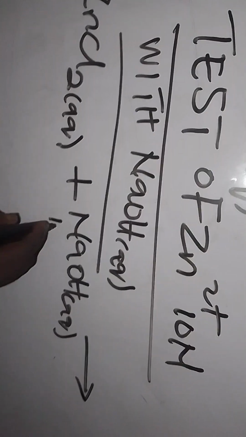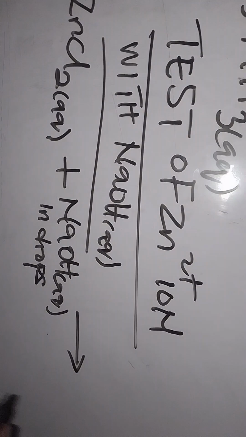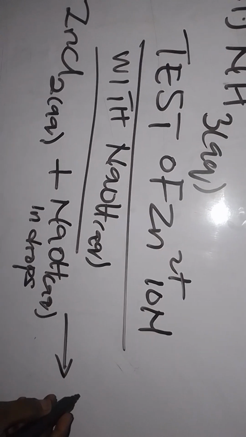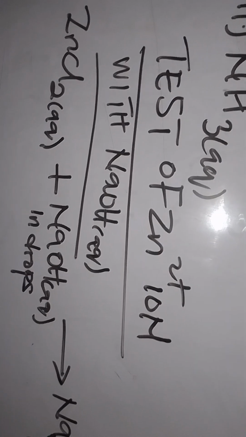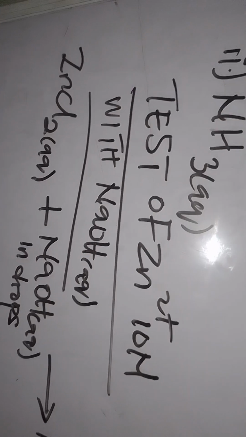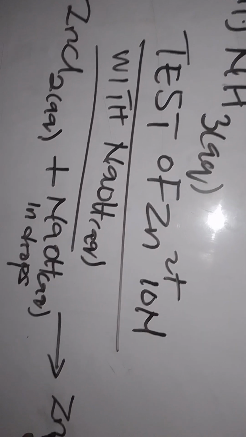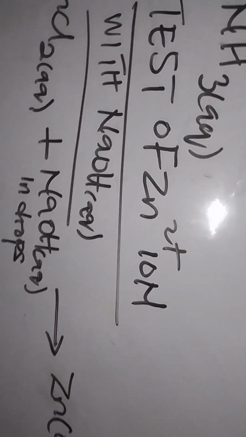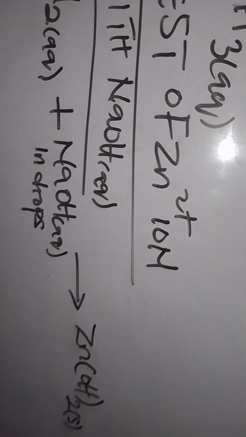Now, in drops, that is, you add little of sodium hydroxide, it's going to give you a white gelatinous precipitate of zinc hydroxide, zinc 2 hydroxide. This S means solid.